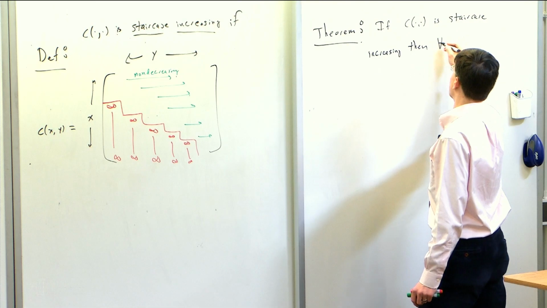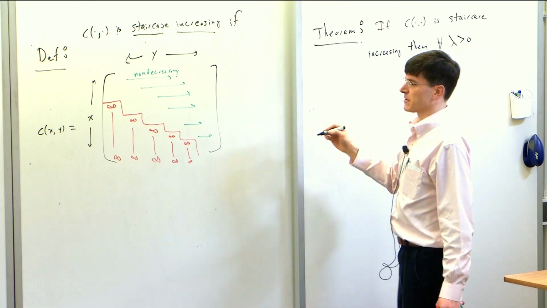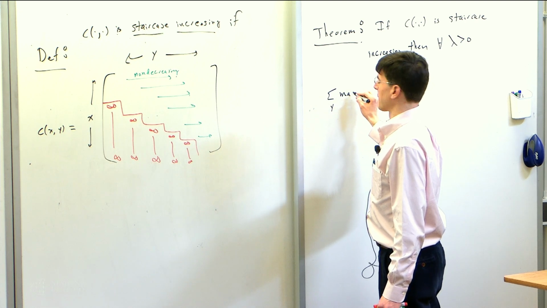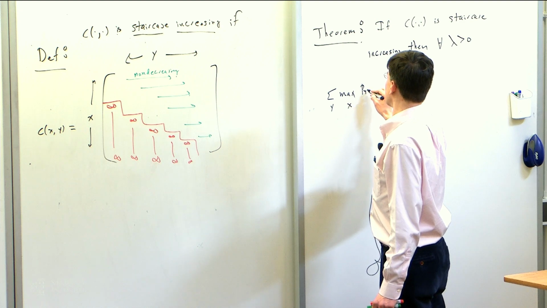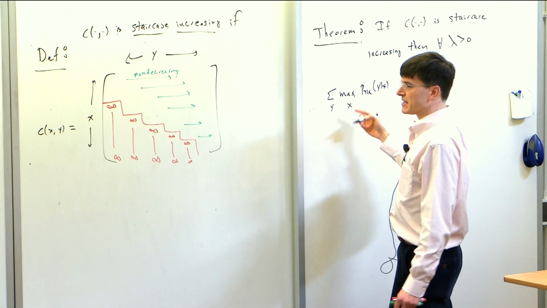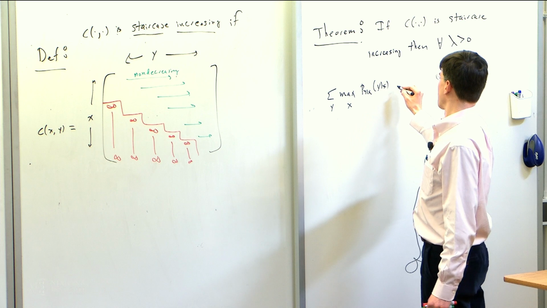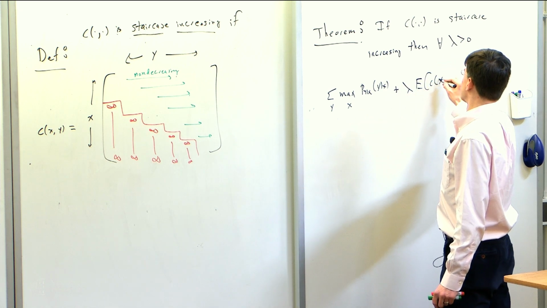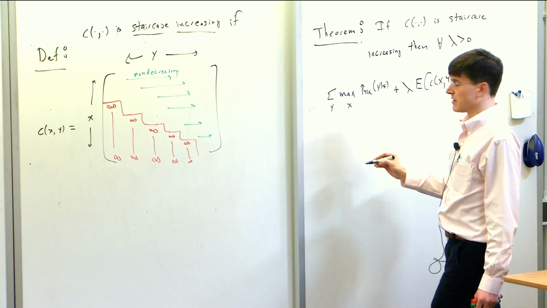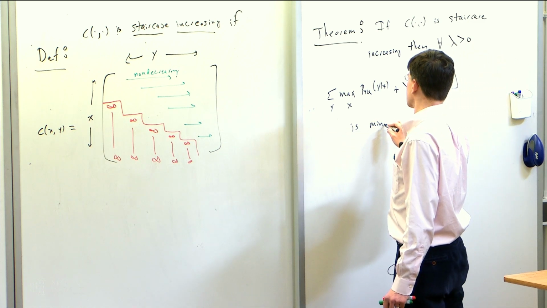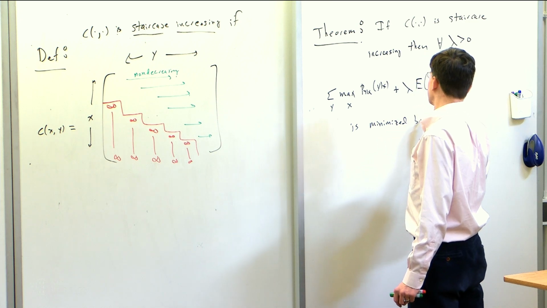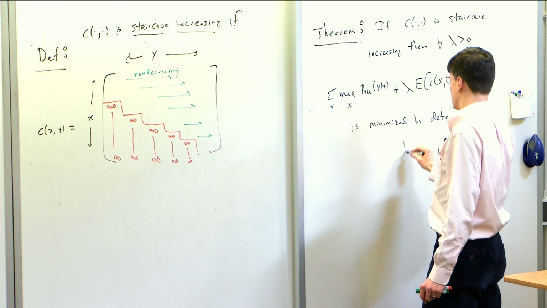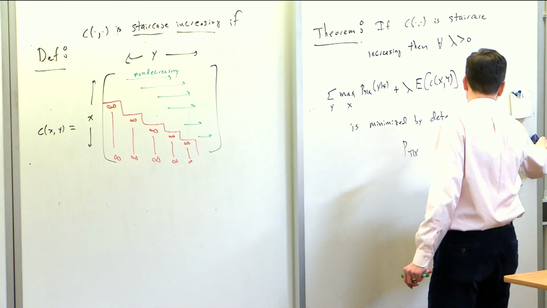So for all lambda, the leakage, or the leakage without the log factor, plus lambda times expected cost, is minimized by deterministic p(y|x) mechanisms.